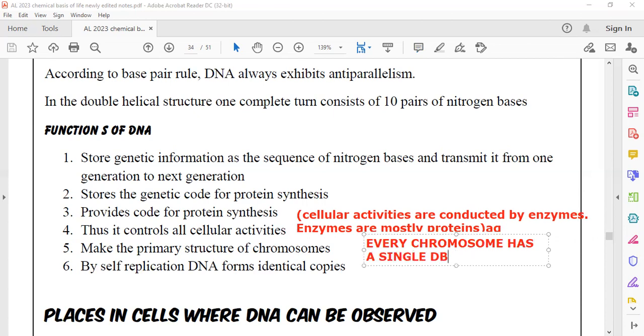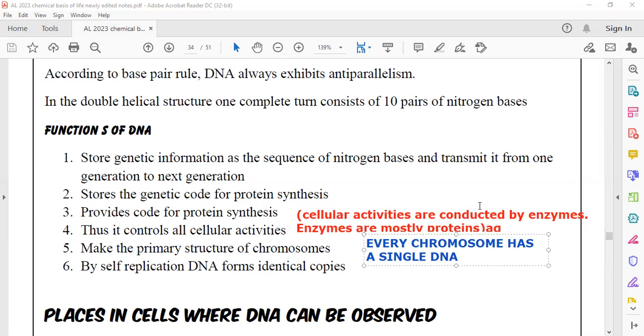Every chromosome has a single DNA, one DNA, but the DNA will be nearly 2 meters long. Compared to a cell size, DNA size is about 150,000 times bigger.